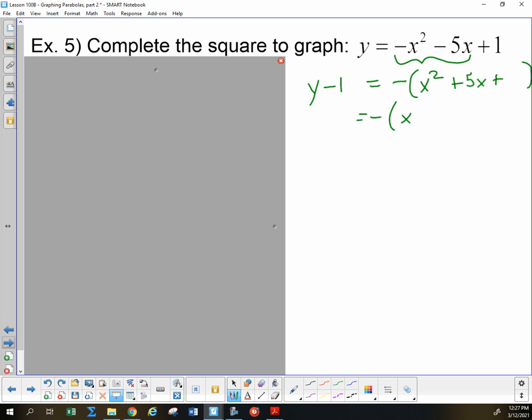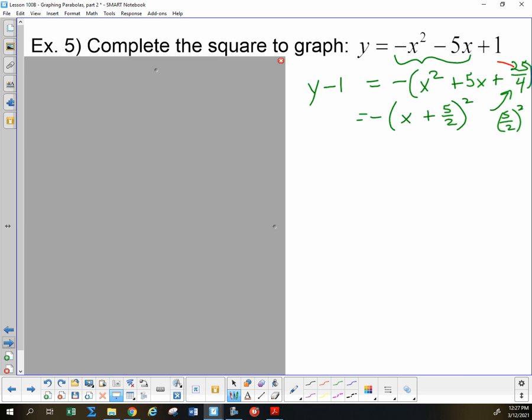We take half of the plus 5, which is plus 5 halves, and that's what we need to square. To go in here, we need 5 halves times 5 halves, which is 25 fourths, 6 1/4. But it is not really a plus 25 fourths.